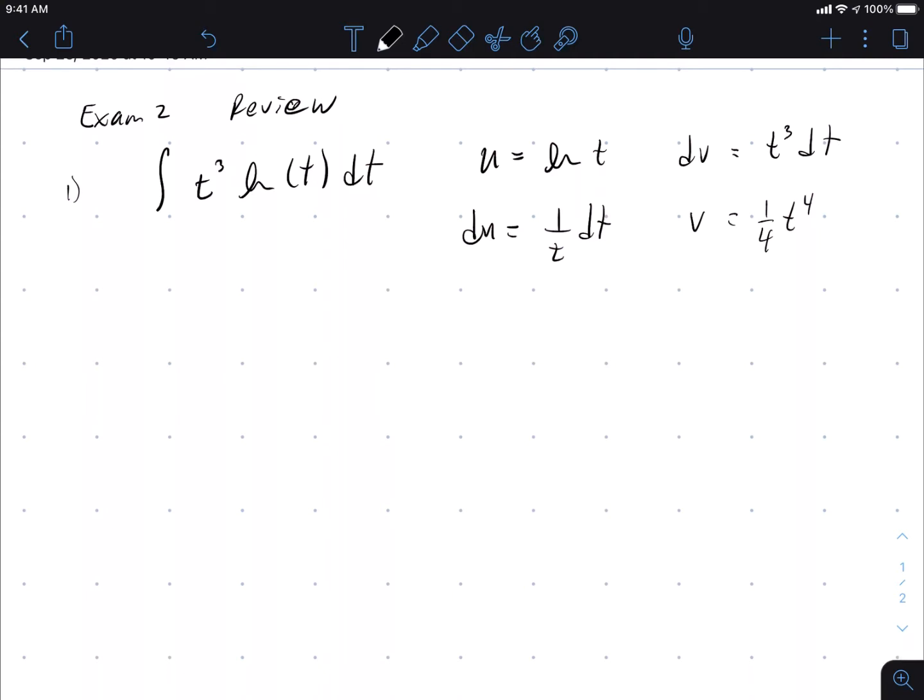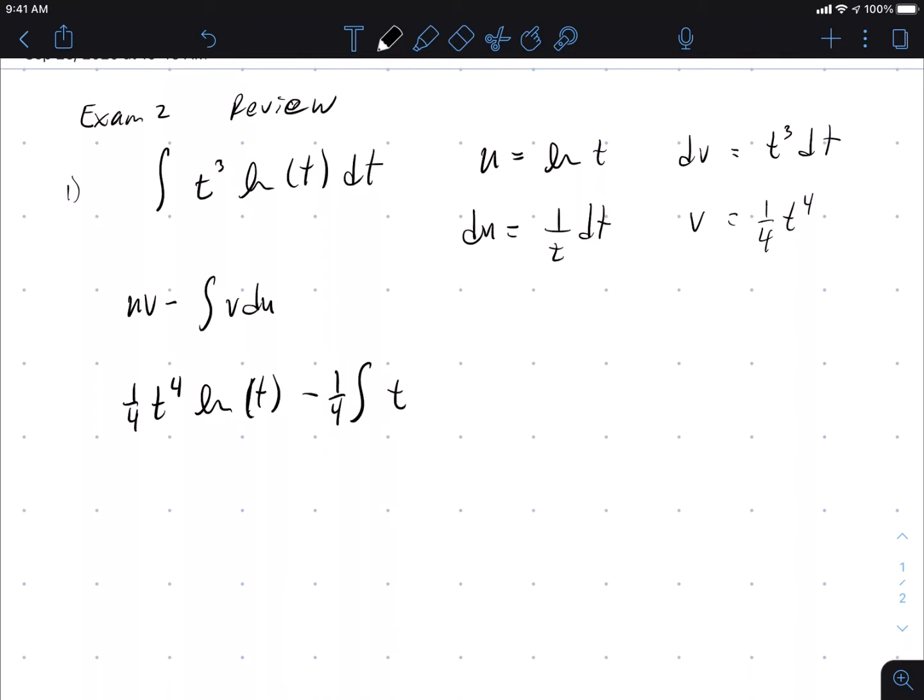Then from here we have to remember that it's uv minus the integral of v du, just so everyone can recall. So my u times v is going to be 1/4 t to the 4th ln of t minus the integral of v du. So v du is going to give me a 1/4 in front.